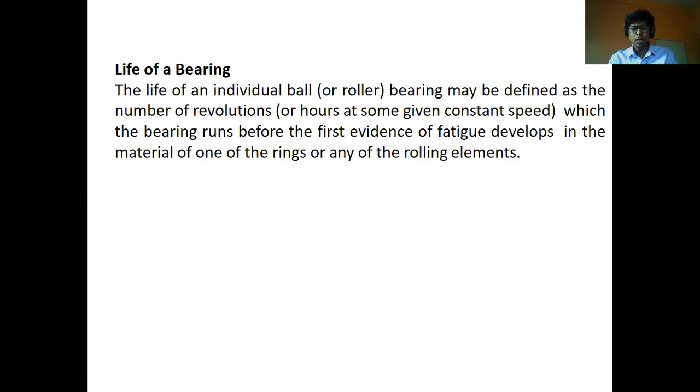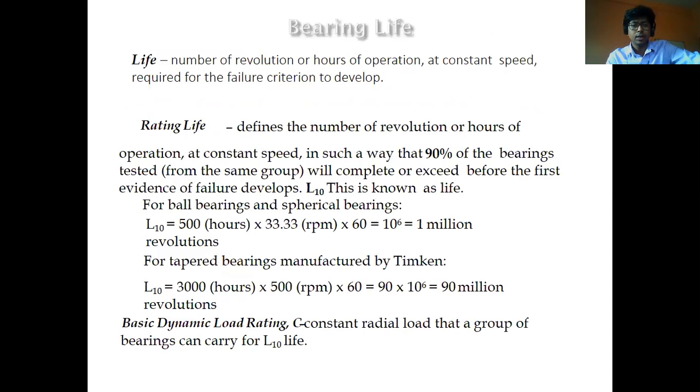We can use both formulas depending on what type of question is asked in the university question papers. If it is L10, that means in millions of revolutions, life in millions of revolutions.